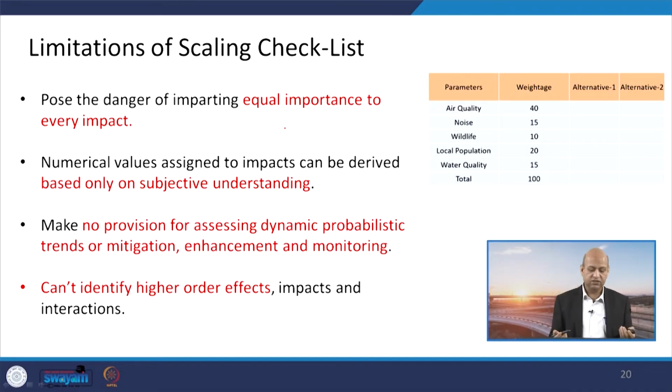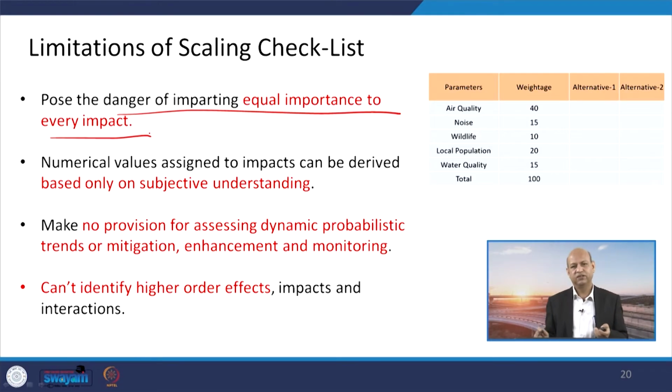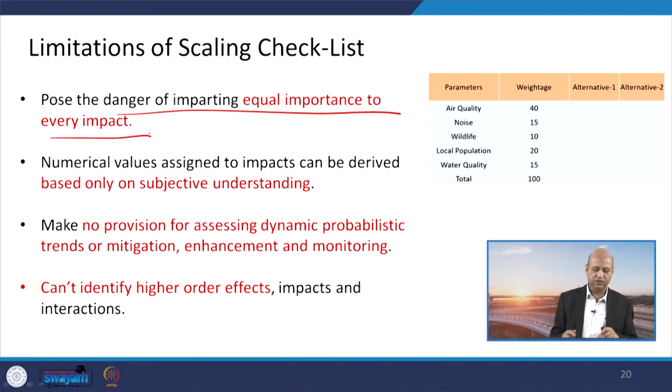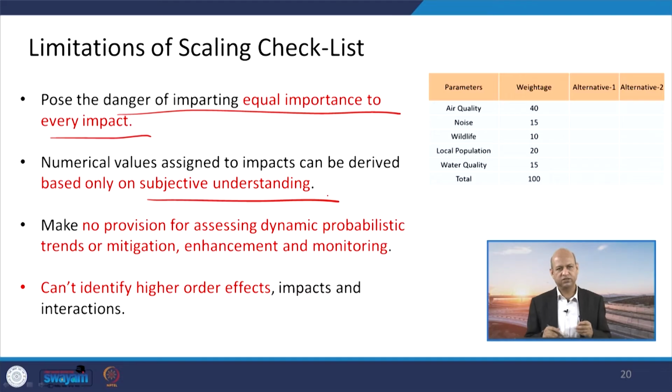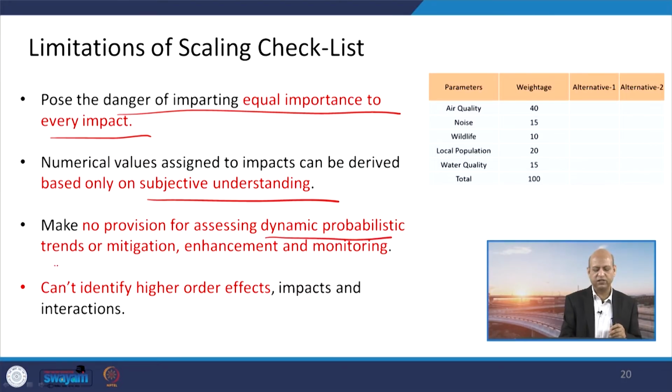The limitations: there is a danger of imparting equal importance to every impact. When you have assigned one value, you do not distinguish between SOx, NOx, etc., and each is given 40 weightage, something like that. Then some subjective understanding is of course required for the numerical values, so there may be some variation, and there is no provision for dynamic probabilistic trends or mitigation.